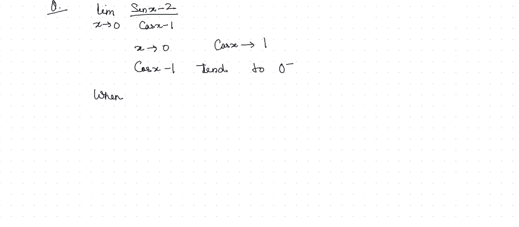When x tends to 0, sin x tends to 0, so sin x minus 2 will tend to negative 2.